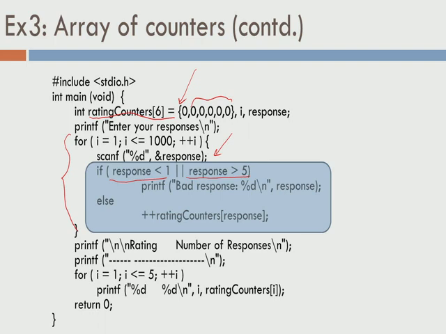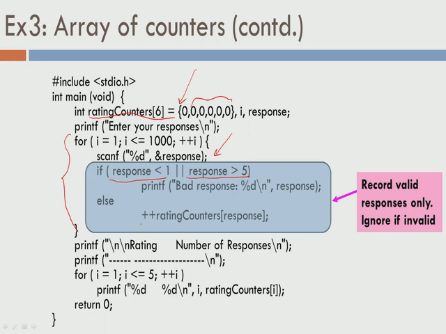So if it's anything less than 1 or greater than 5, it's a bad response, and we don't record it. We will record only valid responses, and if it's a valid response, we are going to increment the corresponding counter. Remember, there are 5 counters, rating counters of 1 to rating counters of 5, and based on the response you index that particular counter and increment it.